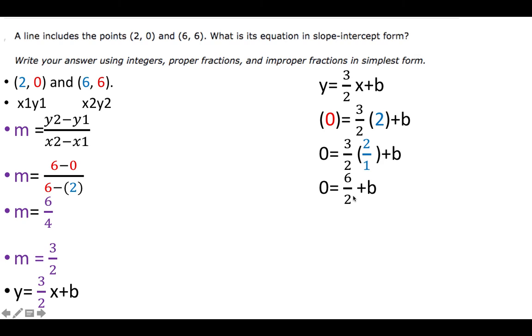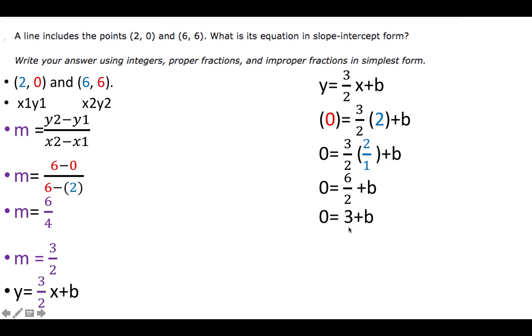Alright, now 6 divided by 2 is going to be 3. That's awesome. I get a whole number out of all these fractions. Sometimes you may end up with a fraction though, so sometimes things won't be so awesome. But anyways, now I gotta solve for b.